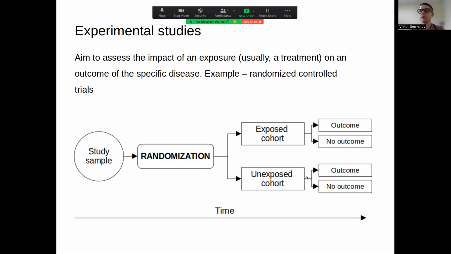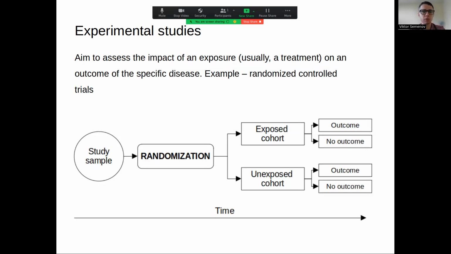Let's say that we have an educated guess that drugs from the group of statins can prevent some cardiovascular events, for example, myocardial infarction. This guess is educated because we know that statins reduce the level of cholesterol in the blood. And we already know, for example from cohort studies, that an elevated level of cholesterol is associated with a higher risk of myocardial infarction.